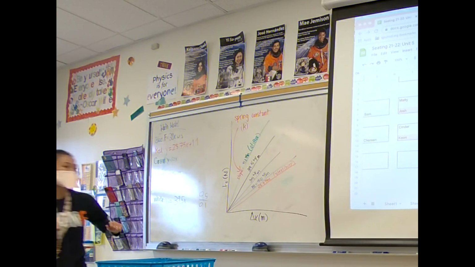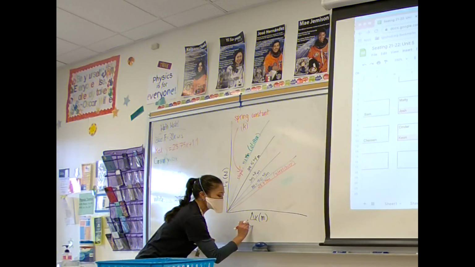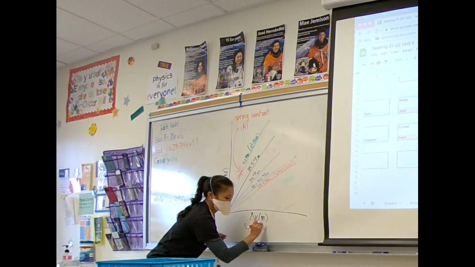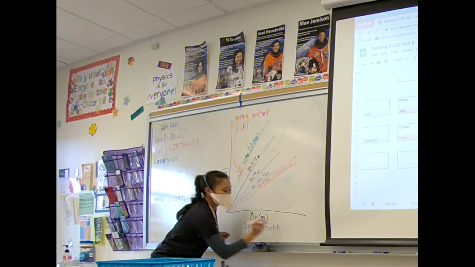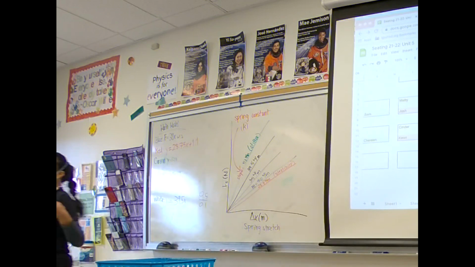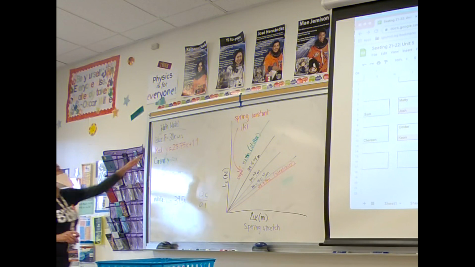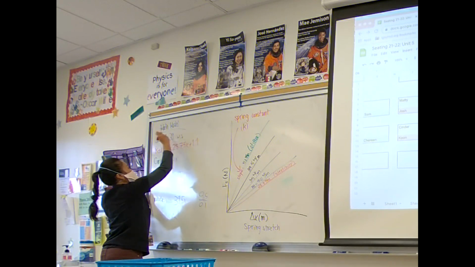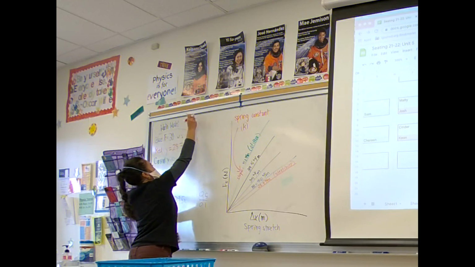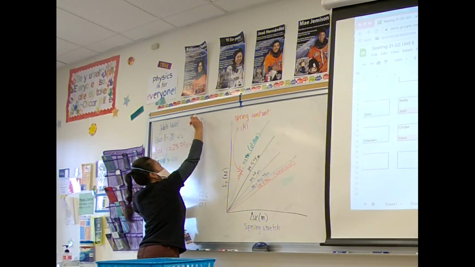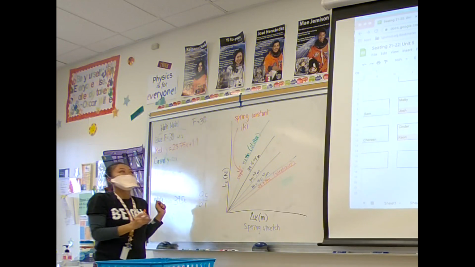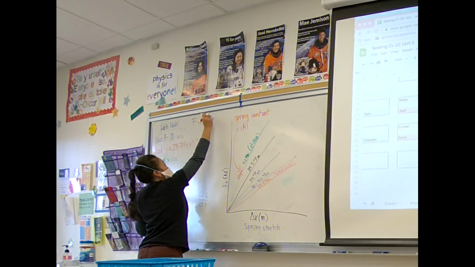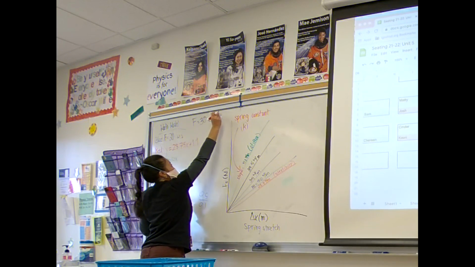I call it delta x, but it's your spring stretch, right? Spring stretch is a distance, a change in distance. So really, your mathematical model should be force, I'm just going to do blue, is equal to 30 times your delta x plus your y-intercept.